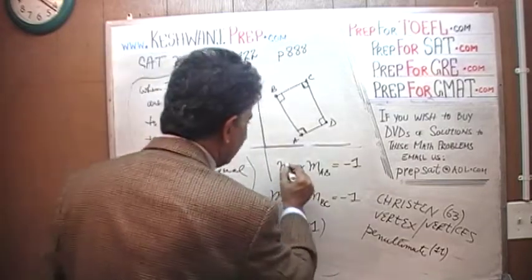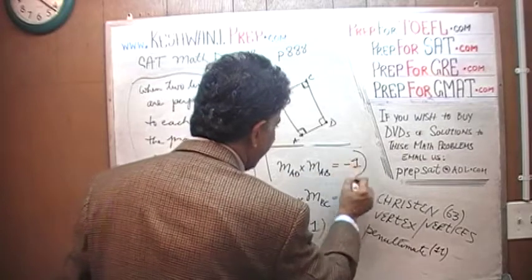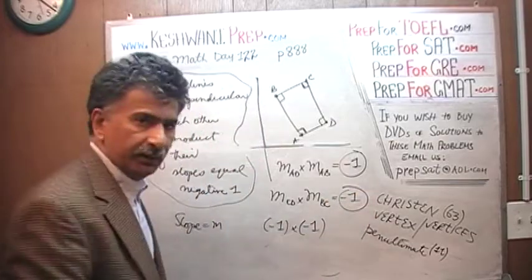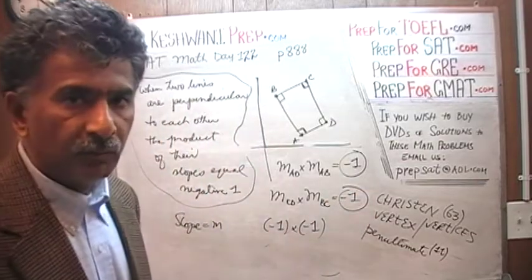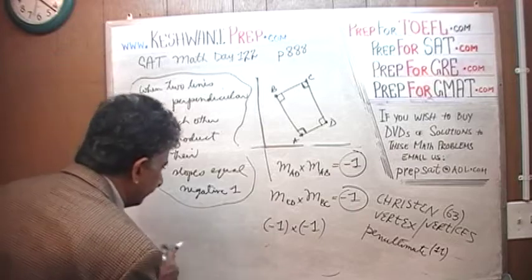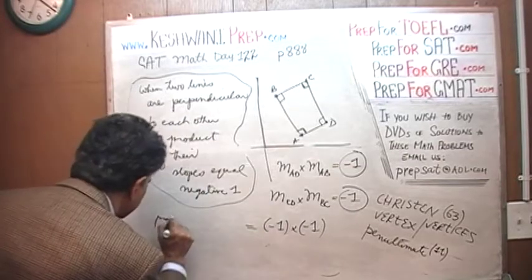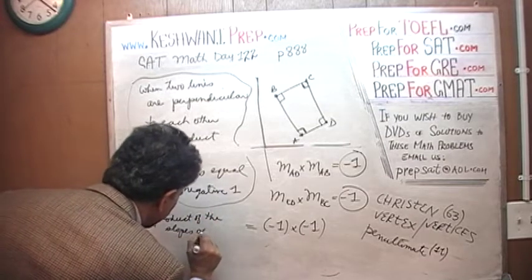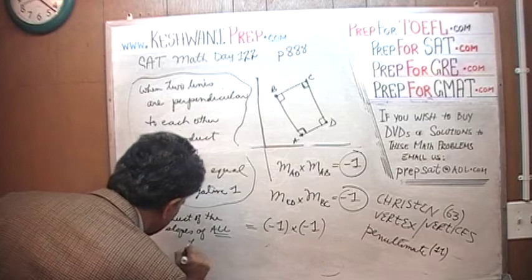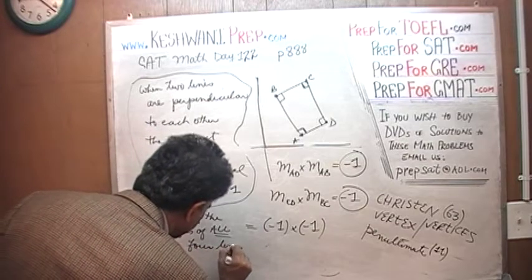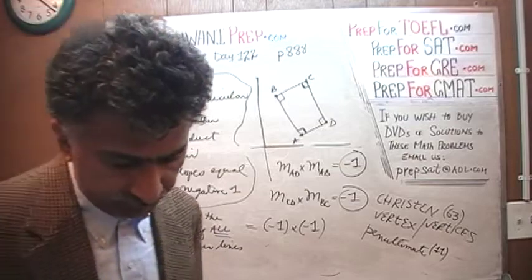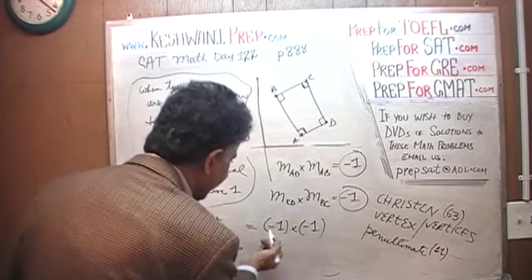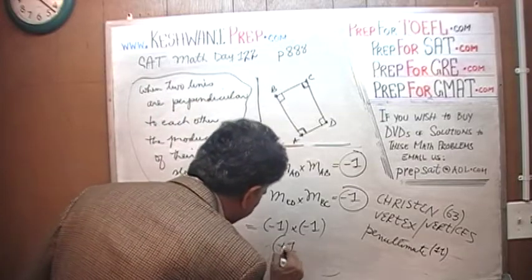That's what they're looking for: the product of the slopes of all four sides of the rectangle. The answer is -1 times -1, which is simply +1.